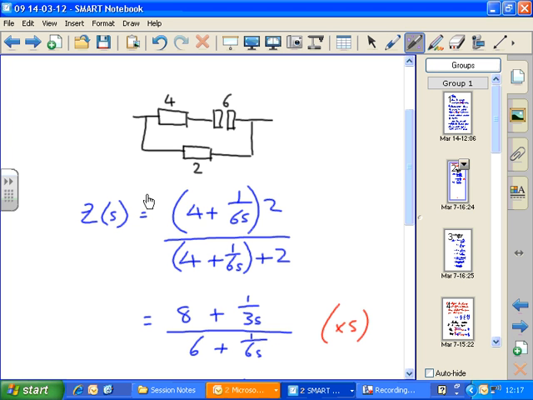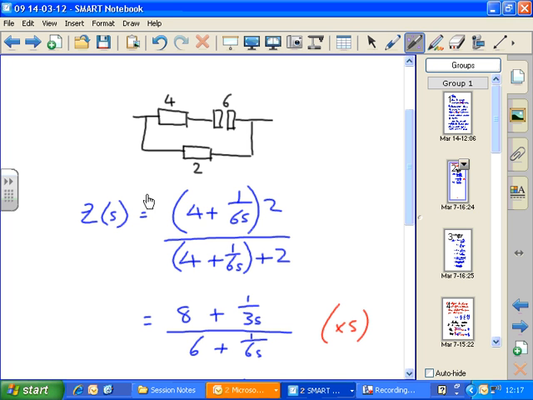We then treat each of the components, whether they be resistors, capacitors or inductances, just as impedances, so we can use the normal rules for these impedances in series or parallel to combine them. In other words, if they're in parallel, product over sum, and so on.